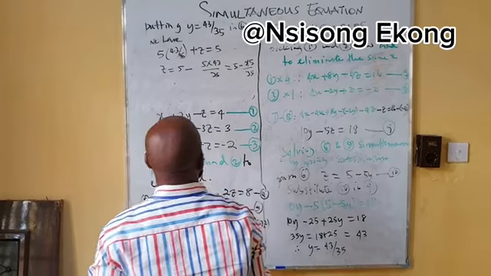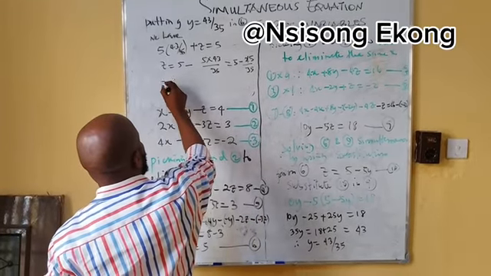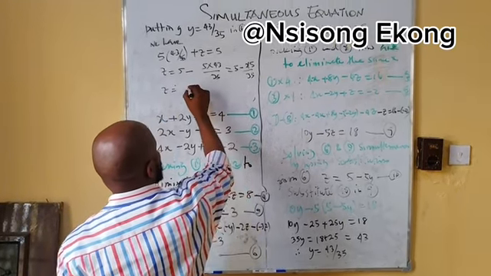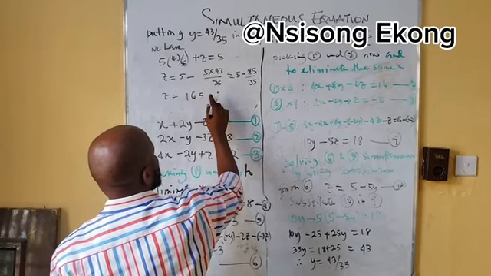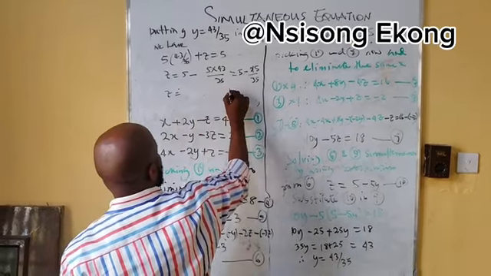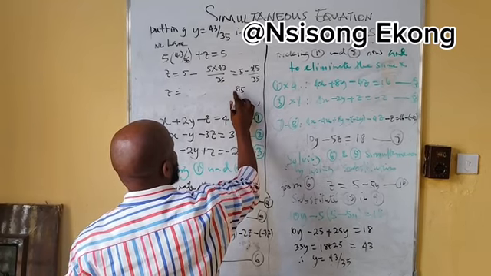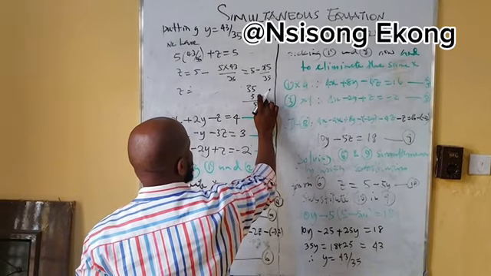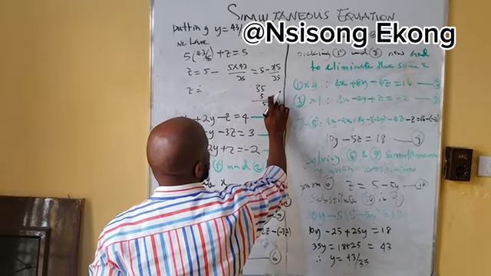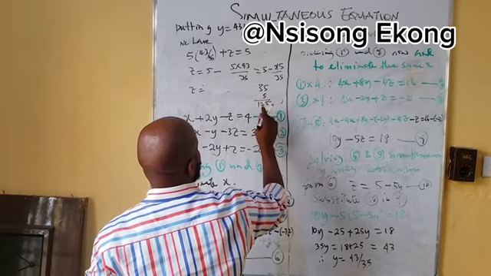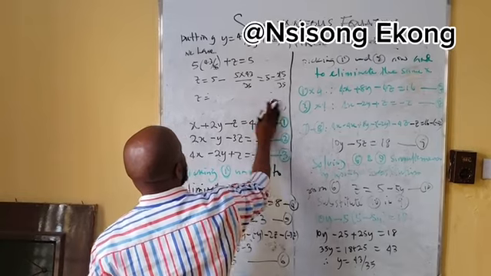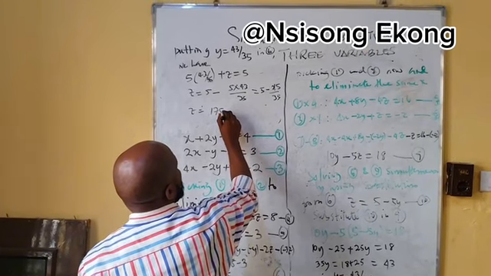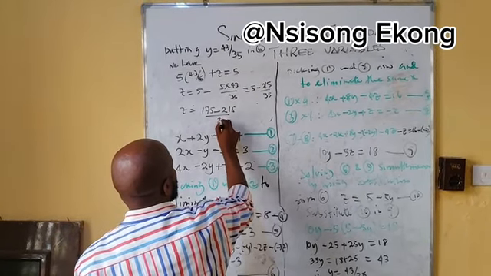Okay? So if you take the LCM of that, we now have that z is equal to 35 times 5 is 175, minus 215 over 35.